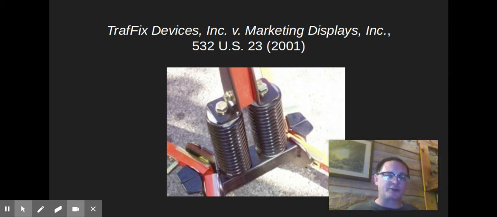You could put springs in different places. But the point is, the reason that this particular design became associated with your company is precisely because you had the exclusive right to use it for 20 years. The reason that it came to communicate information about source is because of the utility patent, right?